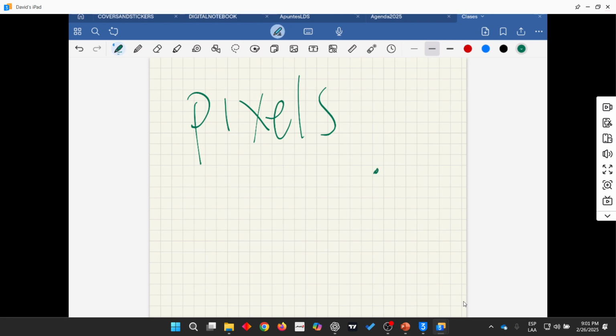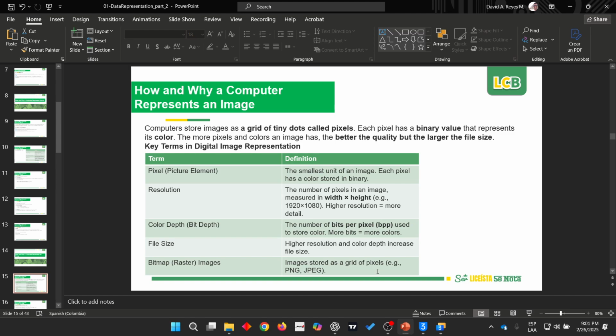A pixel is just a dot, a picture element, the smallest unit of an image. The resolution is the number of pixels in an image. That means the more pixels you use, the better the quality of the image is going to be.